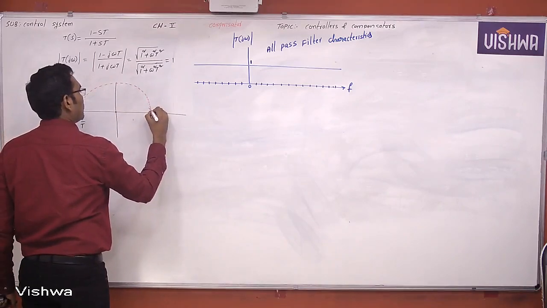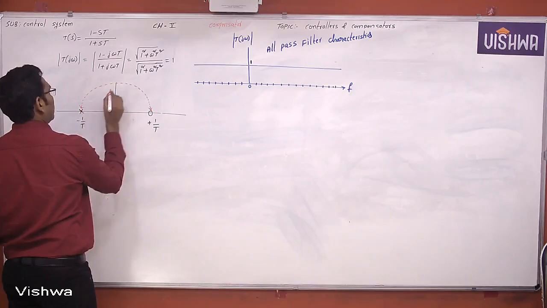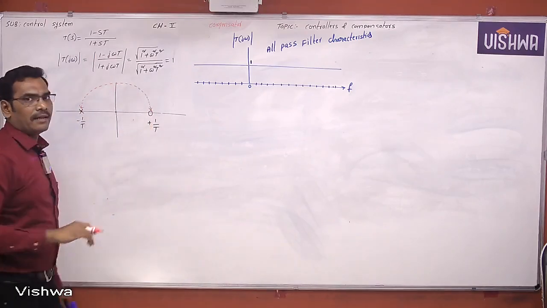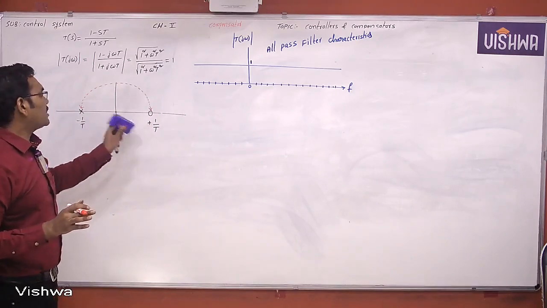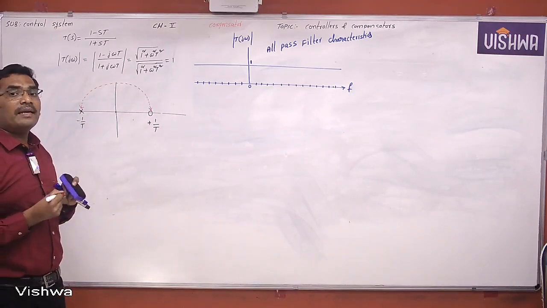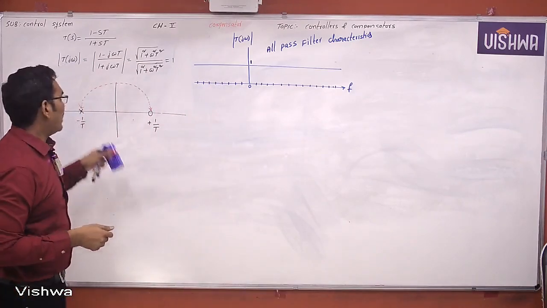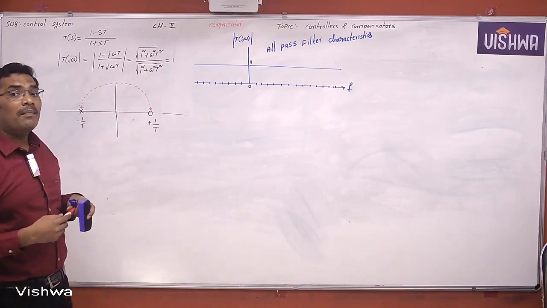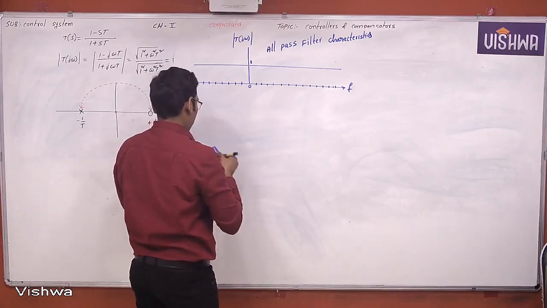Now this is the symmetrical arrangement, meaning if the poles and zeros are arranged symmetrically in the S plane, that particular symmetrical pole zero location is producing an all pass filter characteristic, and that particular system is called as all pass system.